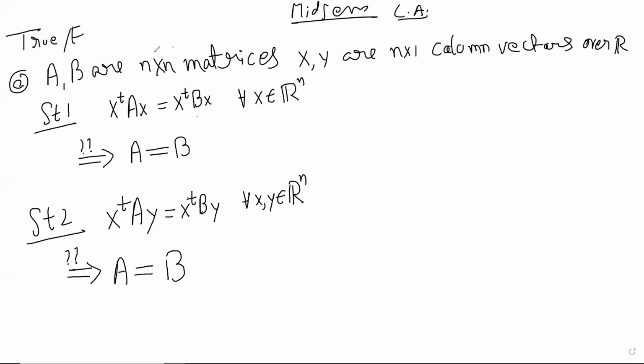X transpose A X is a 1 cross 1 matrix, and every 1 cross 1 matrix is a symmetric matrix. So take X transpose A X whole transpose. That becomes X transpose A transpose X. So you're investigating statement 1.